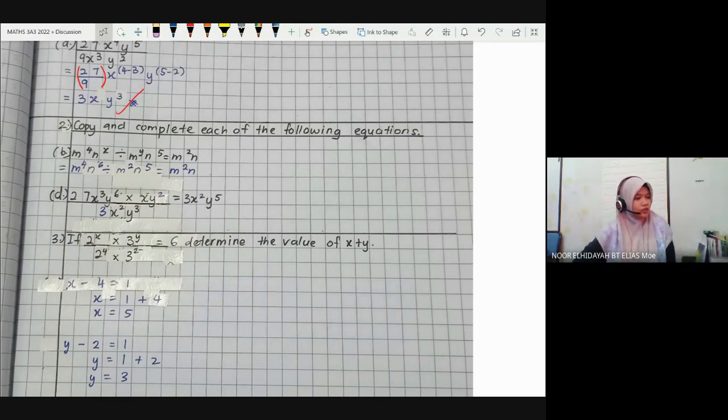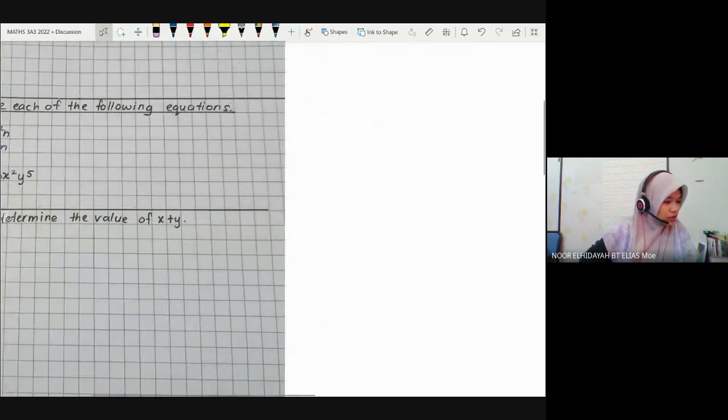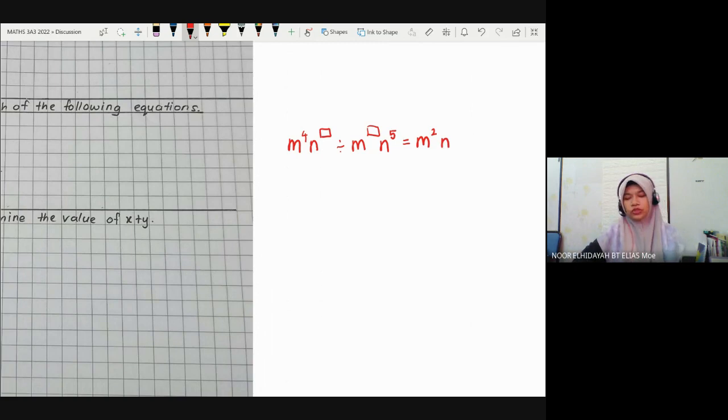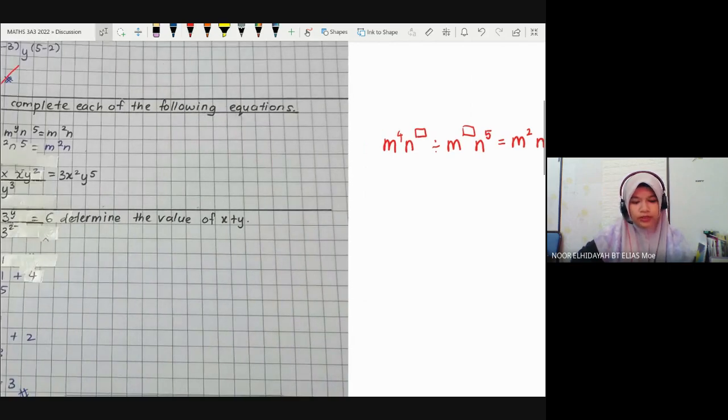I rewrite the question. m to the power of 4, n blank, divided by m to the power of what, blank, n to the power of 5 equals m to the power of 2, n. So how to complete the blank box tu? Macam mana nak complete kan?